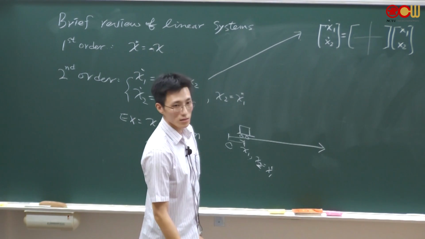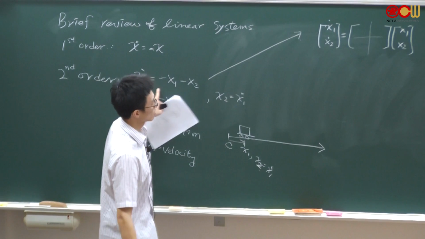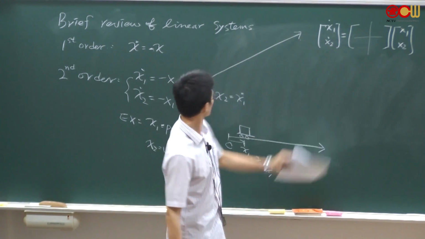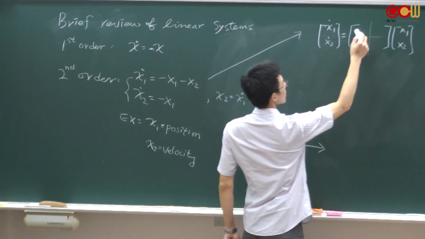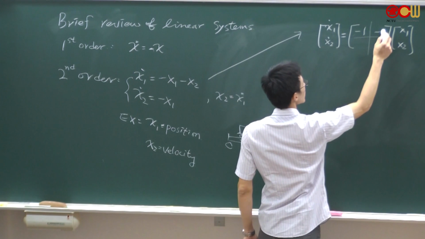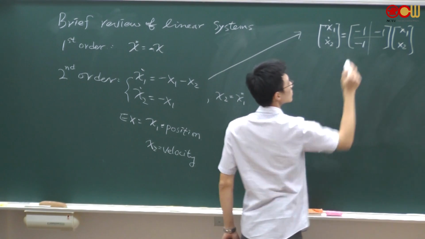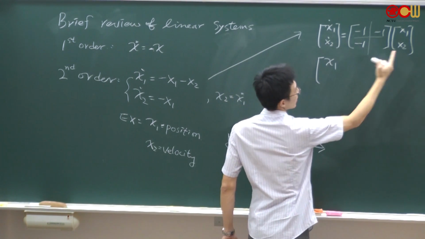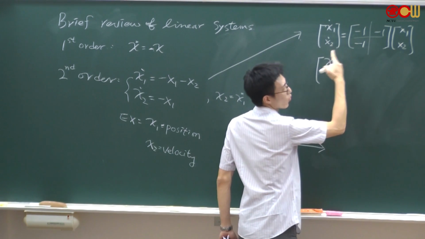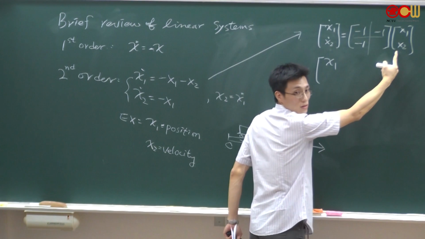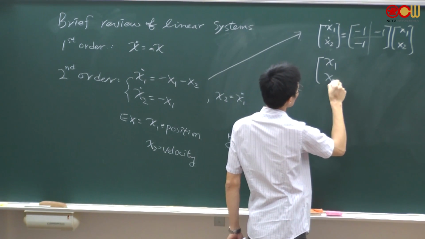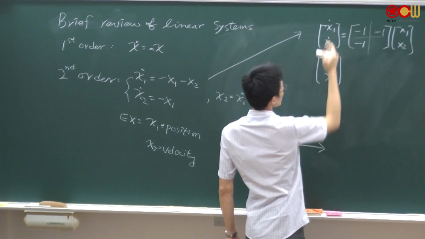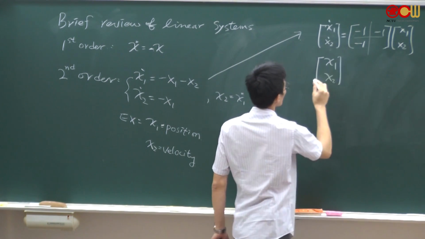You can convert this to this. So here you will put minus 1, minus 1, minus 1. And someone also says that, oh, basically this one is the time derivative of this one. So you can pull the derivative out.